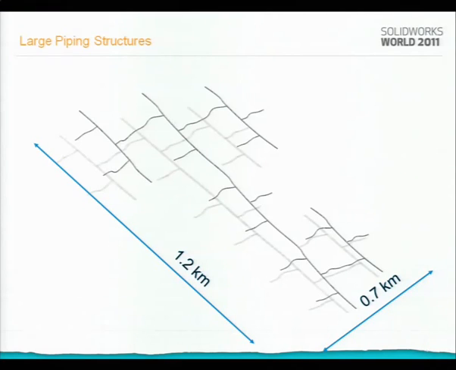This is one of our customers that is using a network of pipes in order to conduct oil to the storage tank from the oil wells, right? If you see the size of the model, it is 1.2 kilometers by 0.7. It's really big. So we have to make some assumptions in order to run.